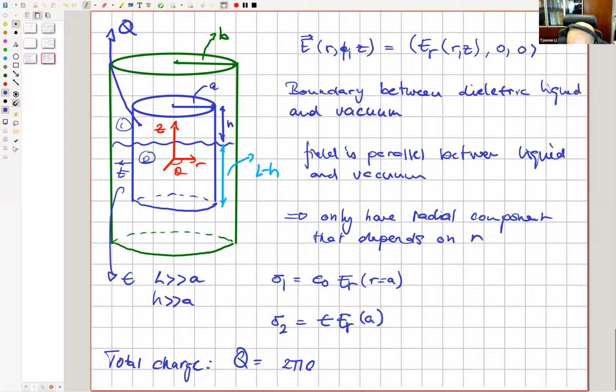The circumference is 2 pi a, times the height, so this would be sigma 1 h, because that's how much total charge there is. 2 pi a h is the amount of surface corresponding to sigma 1, and similarly we add sigma 2 times (L minus h).